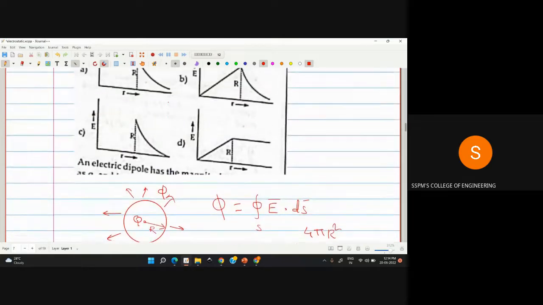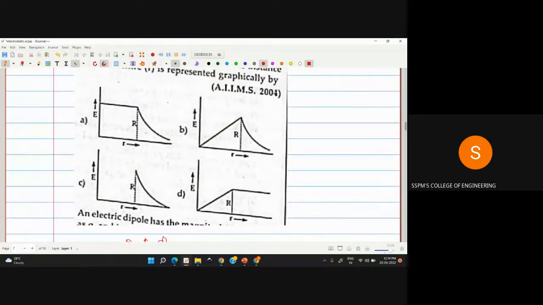Look at the graphs. The first graph is given here.